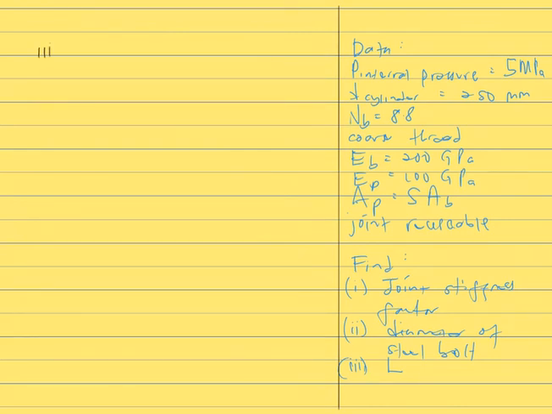Next, for the third question, we will find L, which is the minimum grip. First, let us find the value of Ab, which is pi d squared over 4. So pi times 10 to the power negative 2 squared over 4.